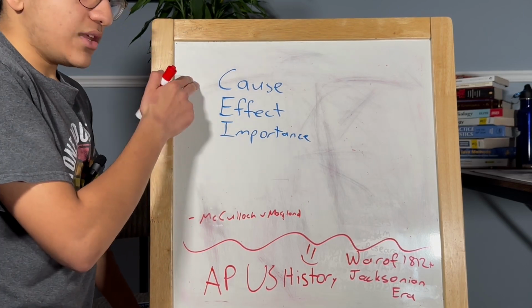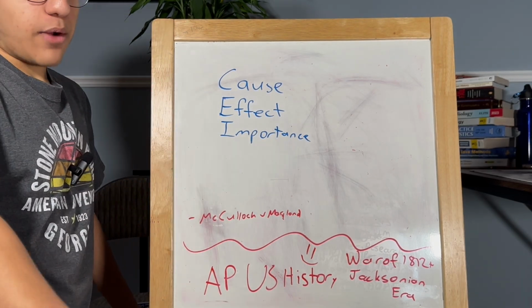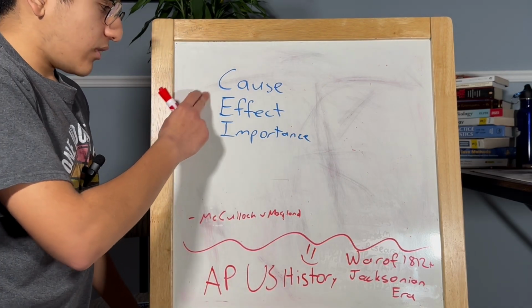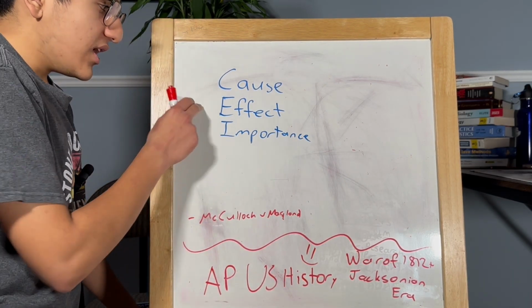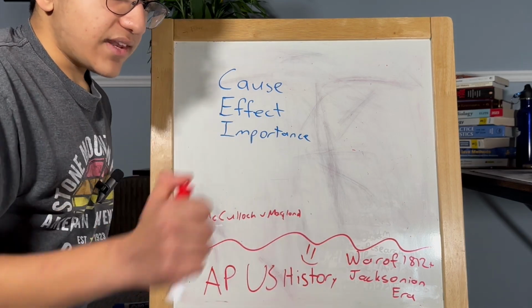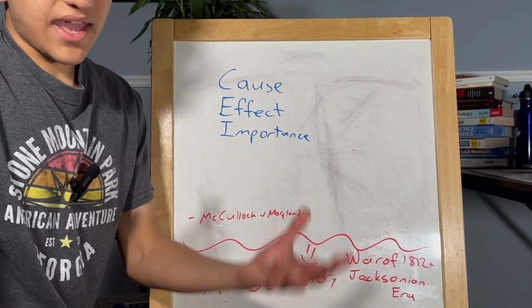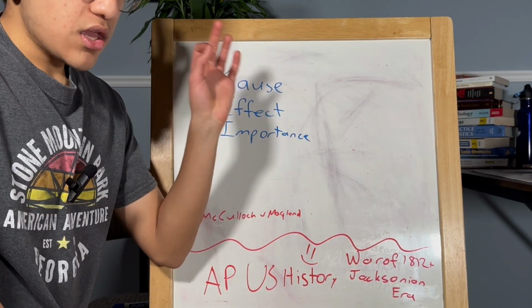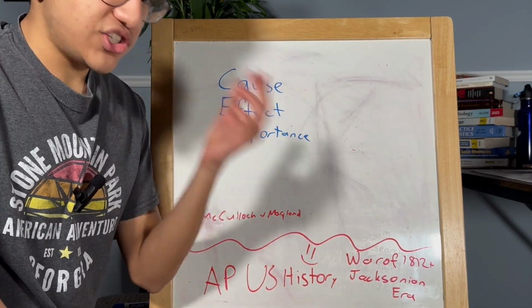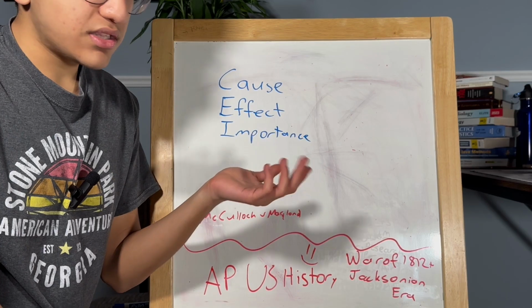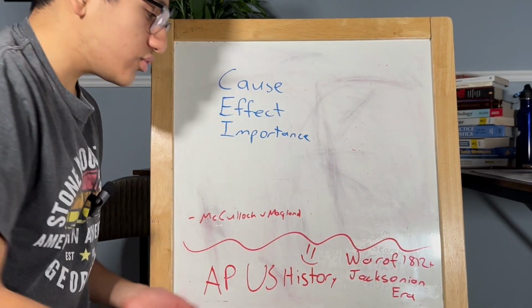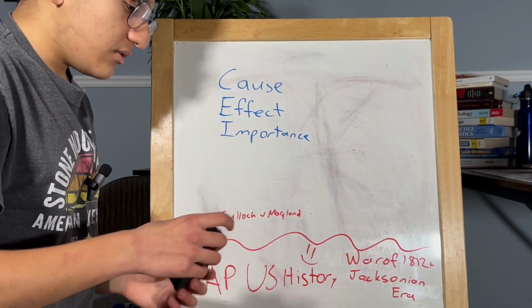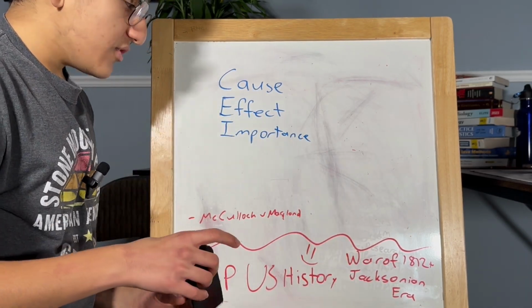In effect, it diminishes state power and elevates federal power by invoking the supremacy clause, and it also solidified the national bank as constitutional because it was under the necessary and proper clause. It eventually becomes contested under Jackson, who doesn't believe it's constitutional. But the importance is the diminishing of state power.